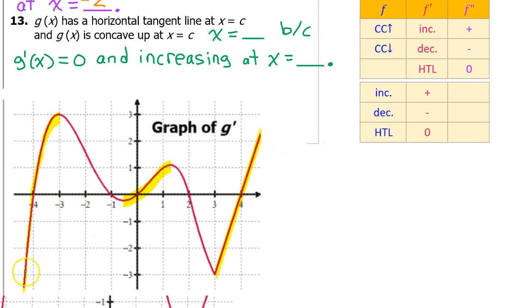G prime is increasing on these intervals that I've highlighted. In addition, g prime is equal to 0 here, and here, and here. So any of these would be a good answer choice. I'm going to pick x equals 4. So x equals 4 because g prime of x is equal to 0 and increasing at x equals 4.